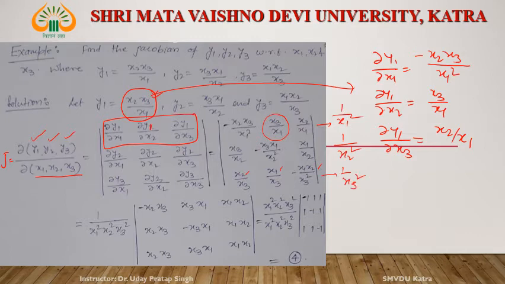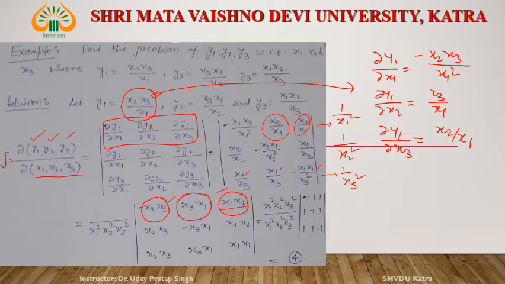Then multiply here by x1 x3, and in this term by x1 x2. Taking x2 x3 from the first column, x1 x3 from the second column, and x1 x2 from the third column, this gives x1 square.